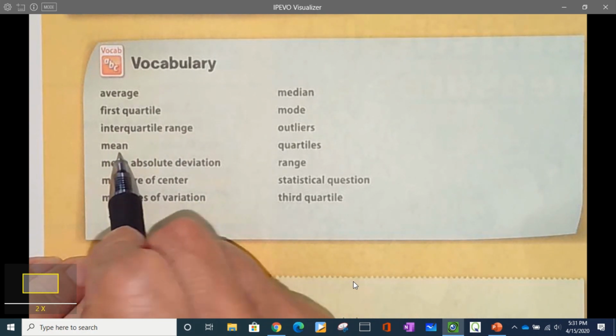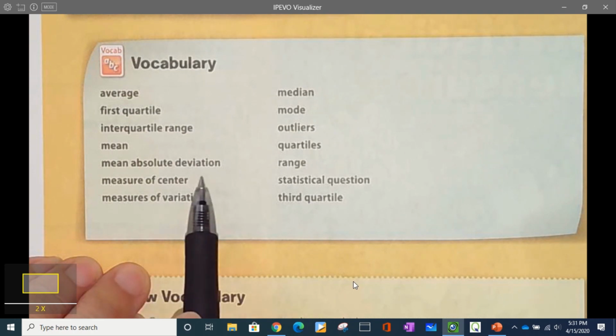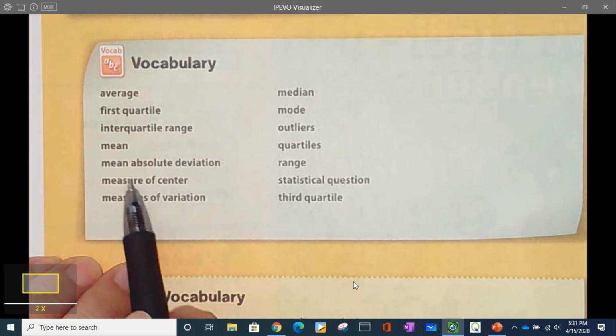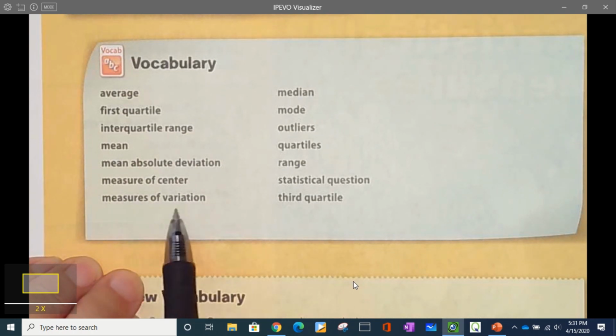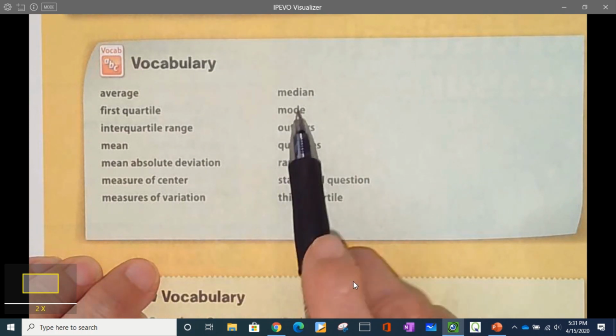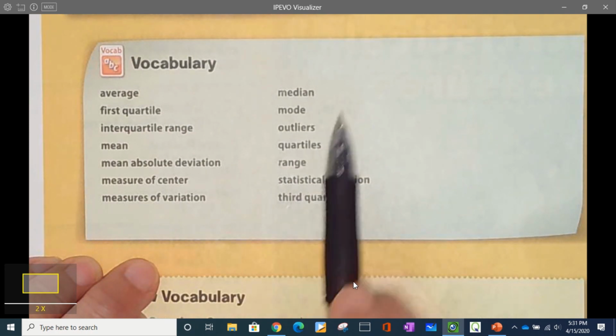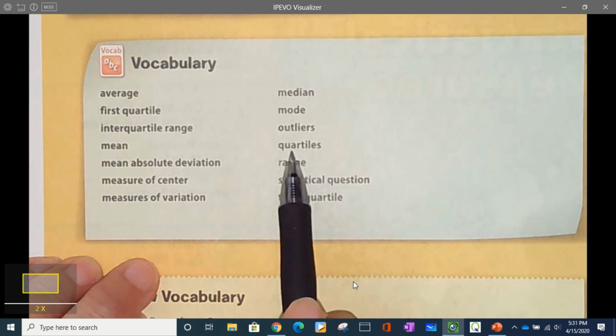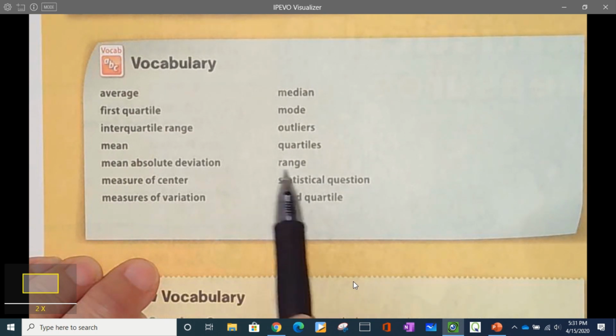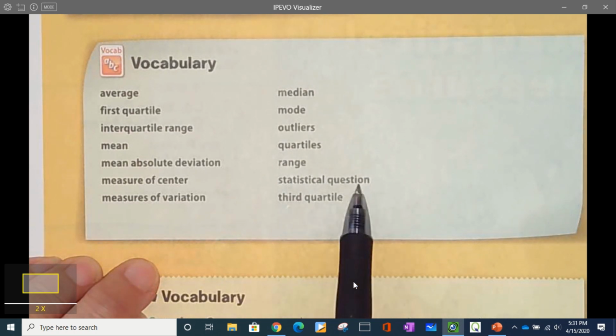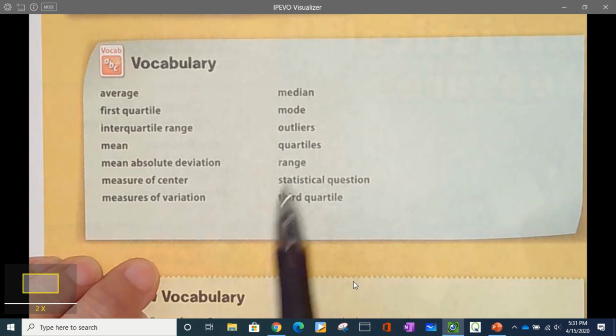We'll have the mean, the mean absolute deviation, the measure of center, the measures of variation, the median, the mode, outliers, quartiles, range, and statistical questions, and then the third quartiles.